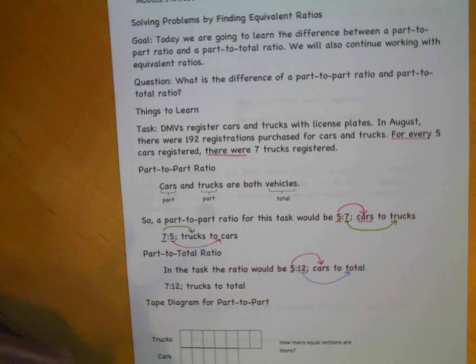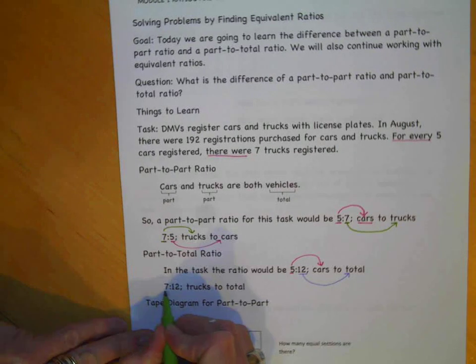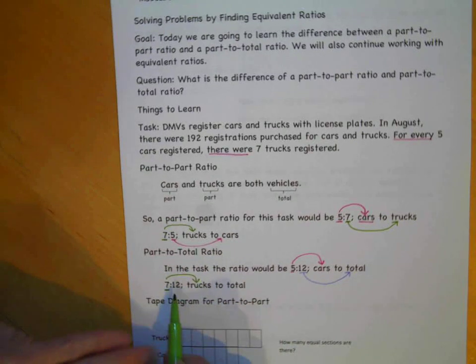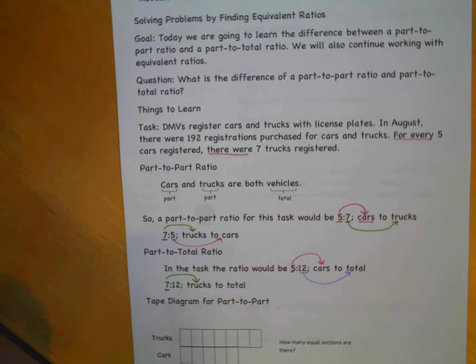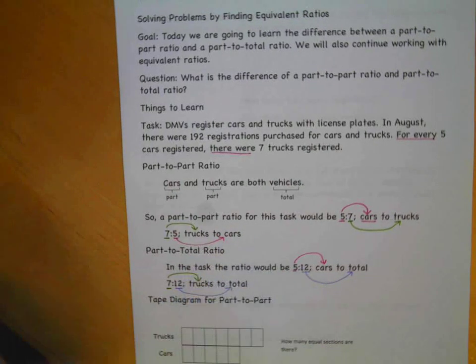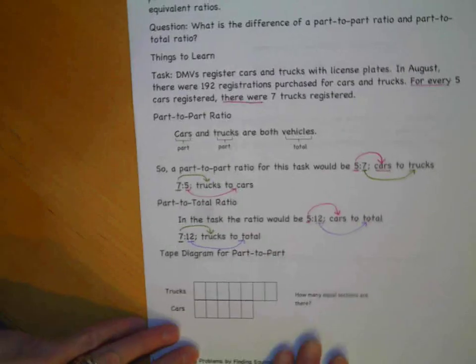And then you look at this one, and you get 7 trucks to 12 total, because there are a total of 12 vehicles. And so how do we read it again? In this task, the ratio would be 5 to 12 cars to total, or 7 to 12 trucks to total. Hopefully that wasn't too confusing, but I was trying to get you to remember that order matters.